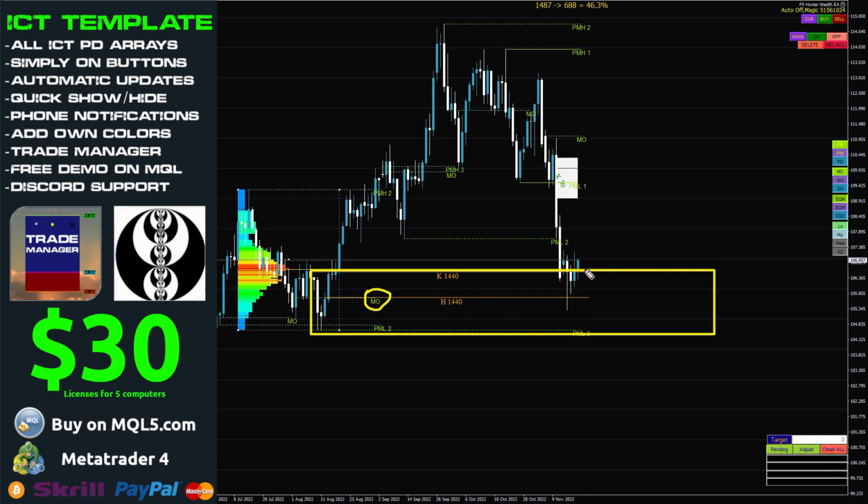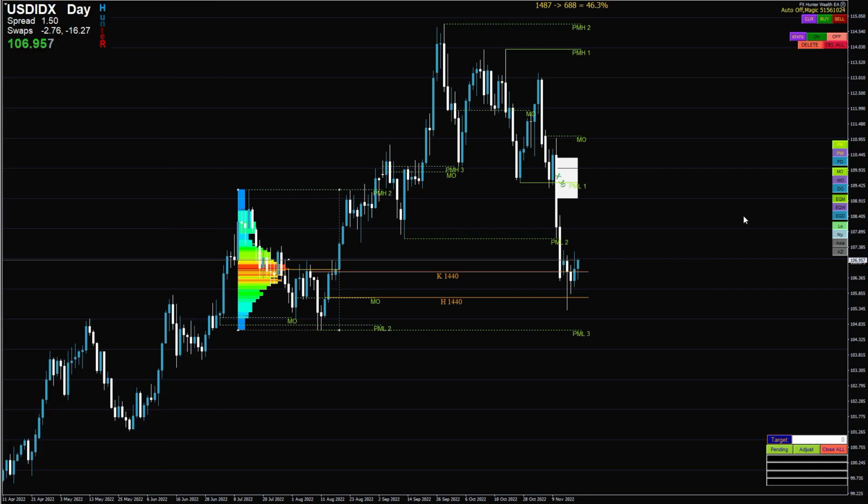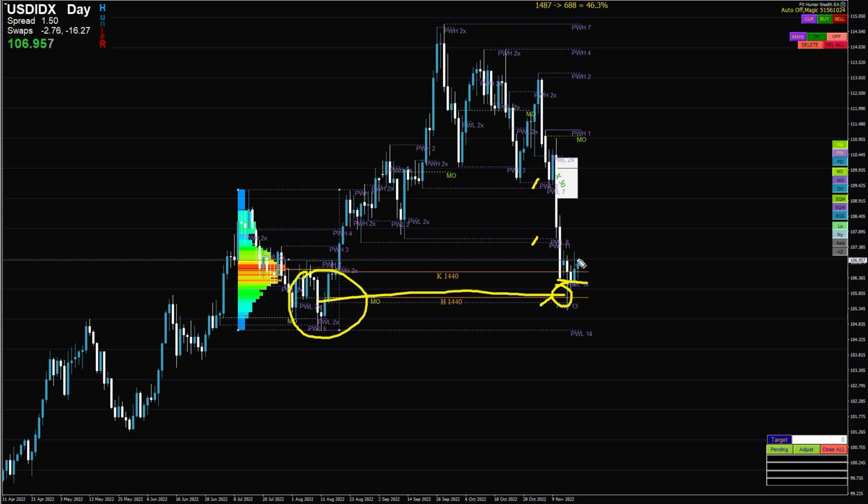So in my opinion, after all these previous weeks' lows which have been taken out, which is 1, 2, 3, 4, 5, and also this week's low, you can see the previous week's low was created and they just dipped below it, and on the higher time frame we have this PD array. So in my opinion, we could see a pullback to fill in this gap, right?